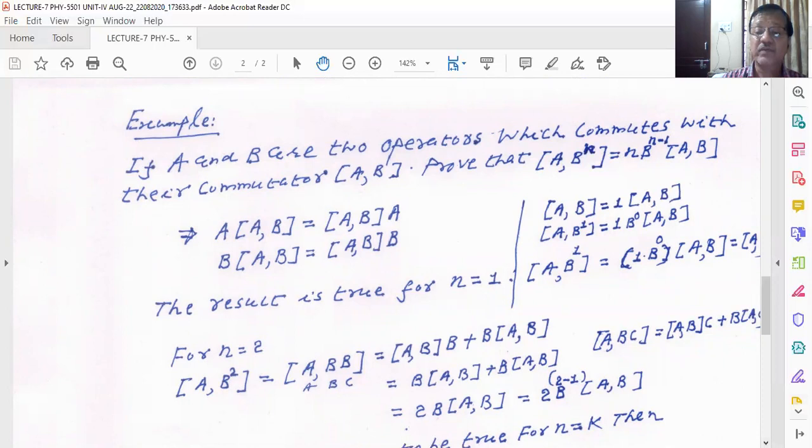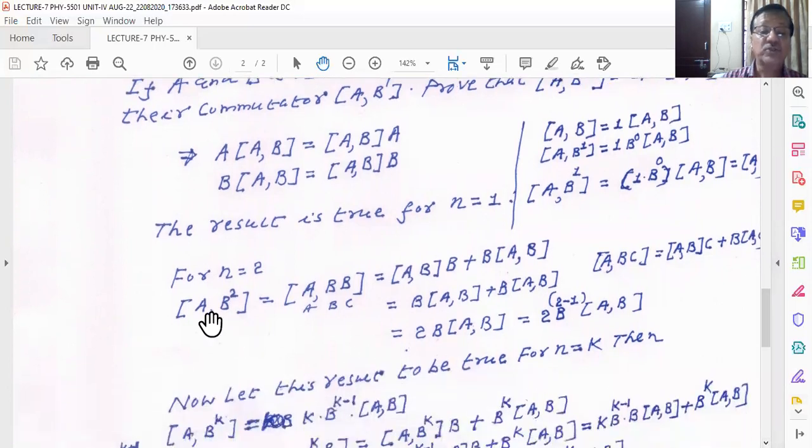B squared is nothing but the operator product of B into B. Now you can see this is a common commutator law which I taught you yesterday: the commutator of A with BC is given as the commutator of AB operating on C plus B operating on the commutator of A with C. This is C here; please remember, this is not printed.